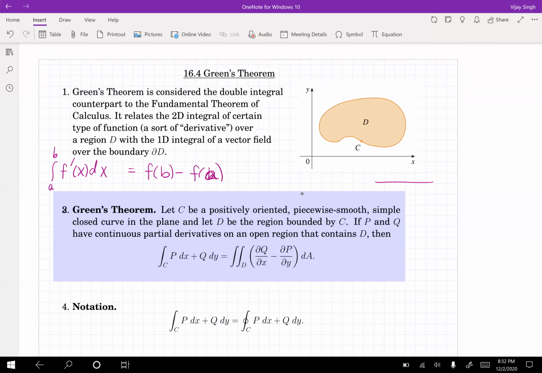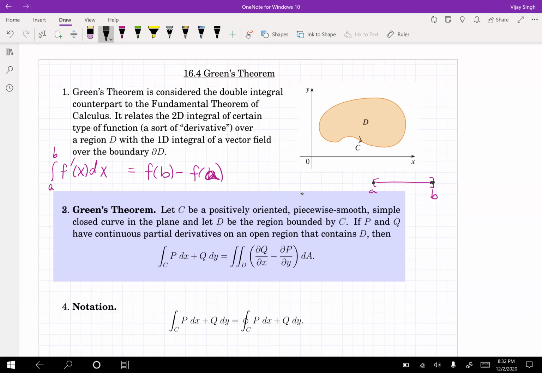Essentially, what you're doing is integrating your derivative on this interval, and this amounts to calculating your function values at the boundaries, right? So these are the boundaries, and you compute the difference of the function at the boundaries. We want a similar setup for line integrals.